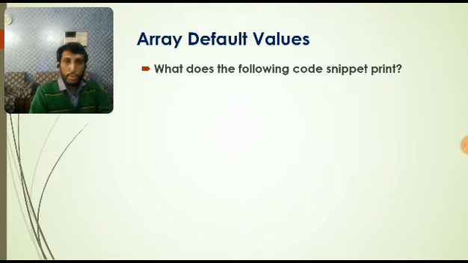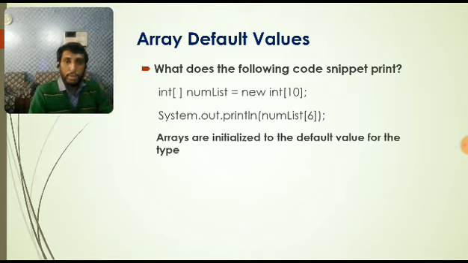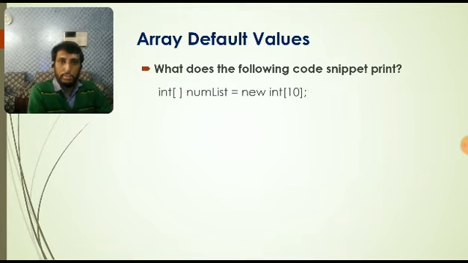What does the following code snippet print? int[] numList = new int[10]; System.out.print(numList[6]). Arrays are initialized to the default value of the type. So here just look at the 10 in the first line. The first line shows that 10 elements, 10 spaces, are created in the memory of the computer in the program, and the name of the array is numList.